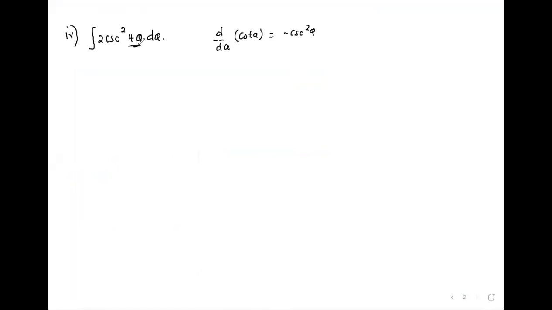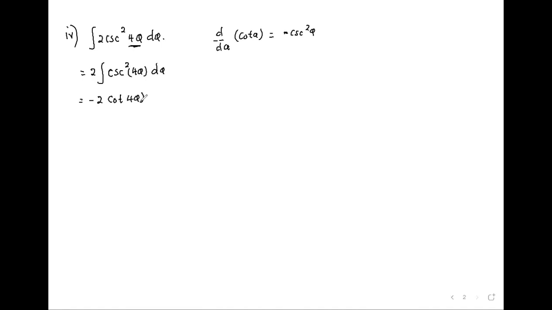And then we can take the 2 outside so that we remain with cosec squared 4 theta. So in integrating, the first thing we write is that minus there. We put the minus because it's not there, and then 2, and now bring the cot 4 theta.